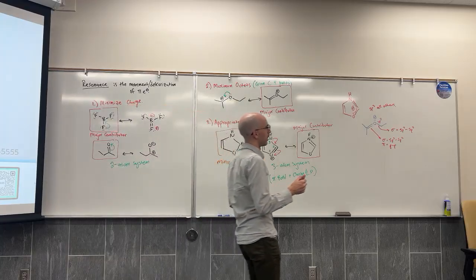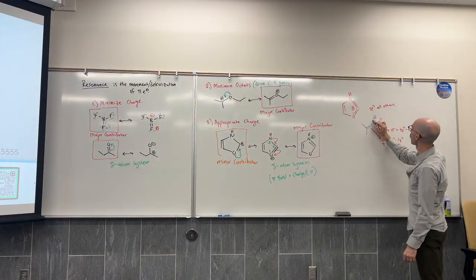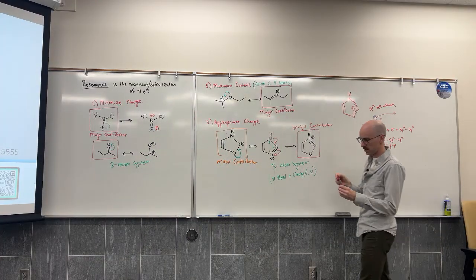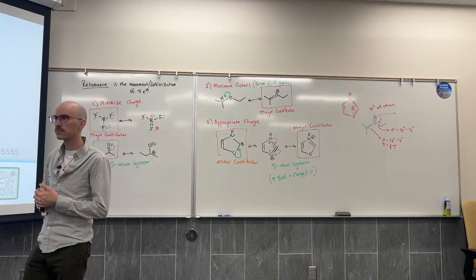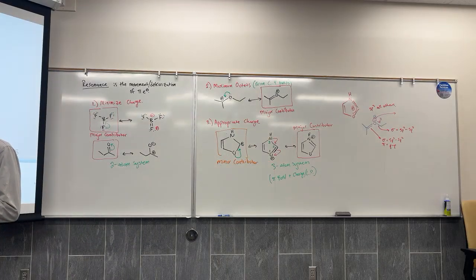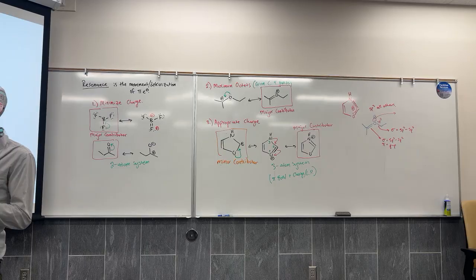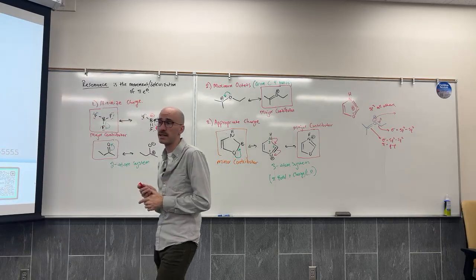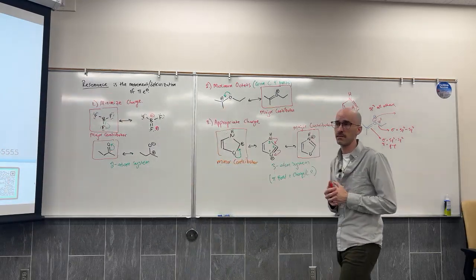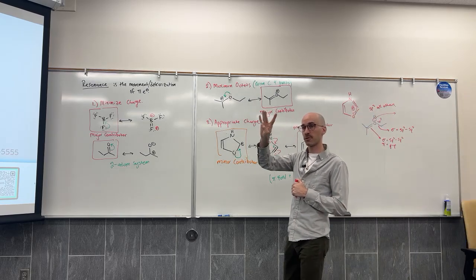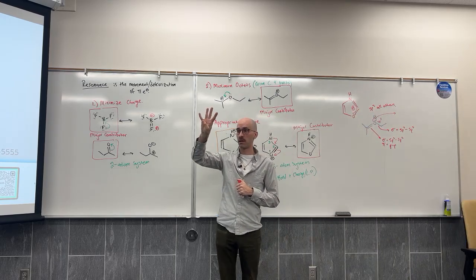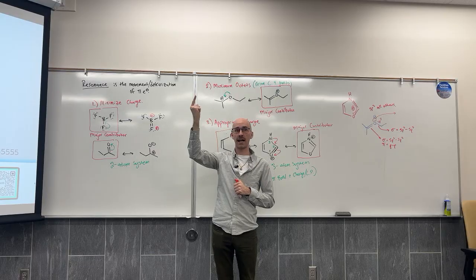What about this last one? What orbital holds oxygen's lone pair? P is used. Oxygen has no more P's to give. It had S. It had 3 P's. Those were its atomic orbitals. It took 3 of them and it made hybridized orbitals.